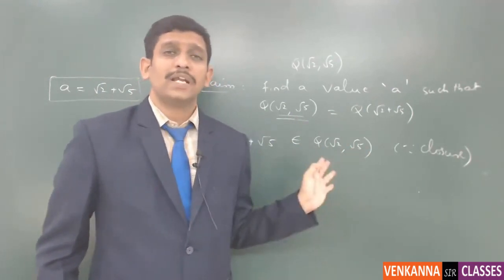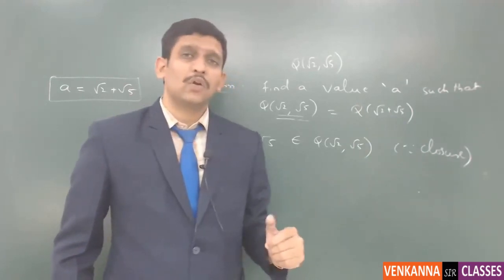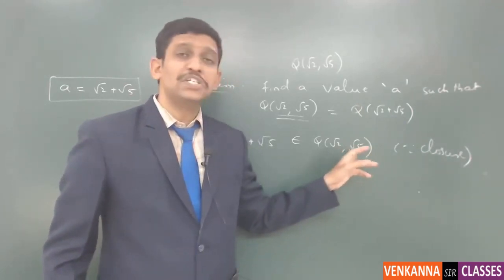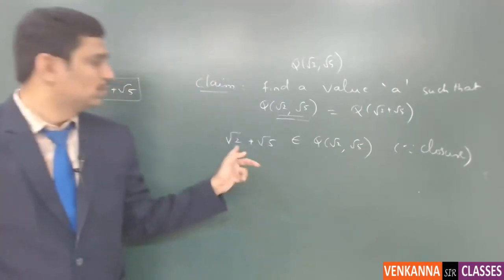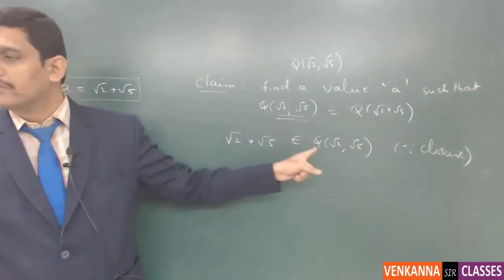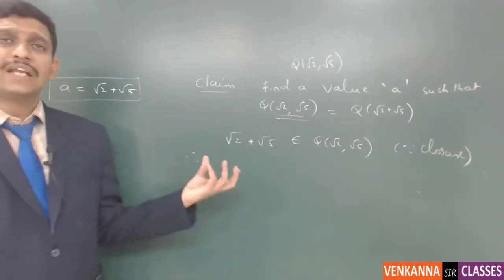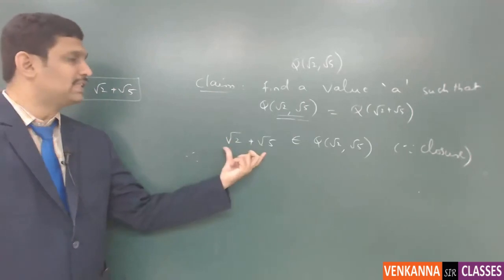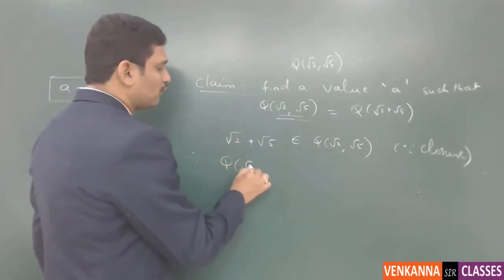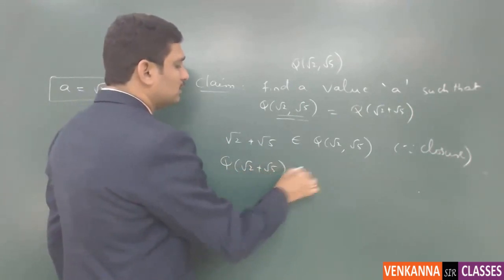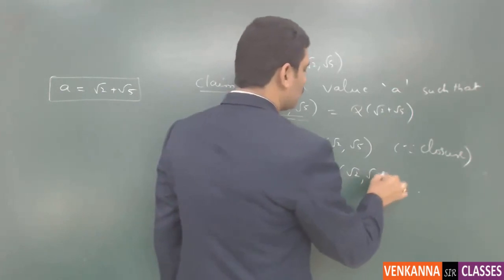As you are dealing with a field, by applying the closure property, addition of the two values also belongs to the set. So root 2 plus root 5 will belong to this set. Therefore we can say that the values generated by this set also belong to this. Hence we can say Q of root 2 plus root 5 is a subset of Q of root 2 comma root 5.